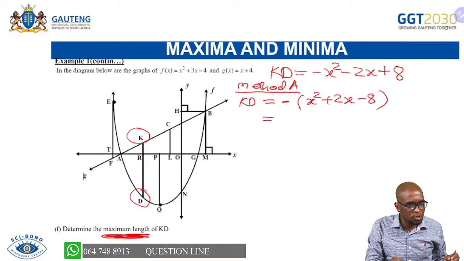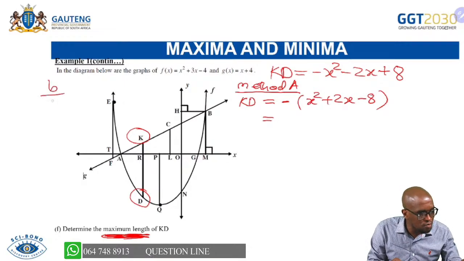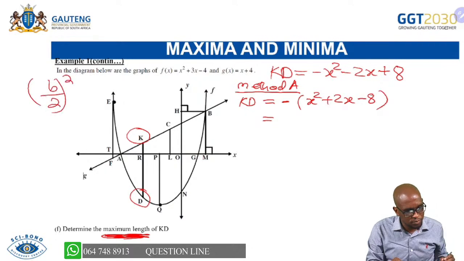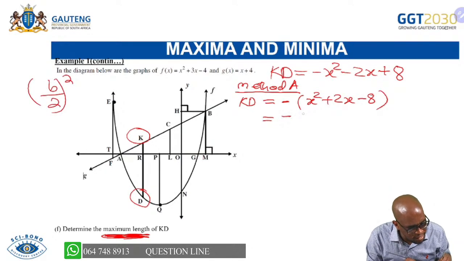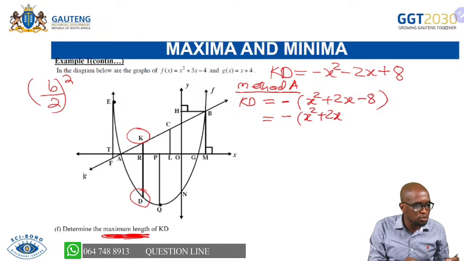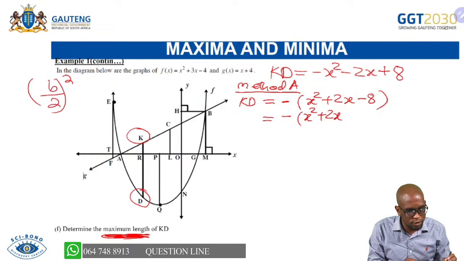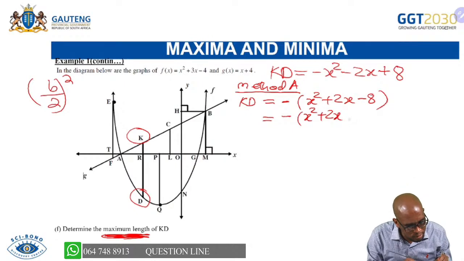Remember, completion of the square, you take b over 2 all squared. So now this would be minus x squared plus 2x, b over 2 is 2 over 2 all squared. That is 1. So this is plus 1 minus 1 minus 8.